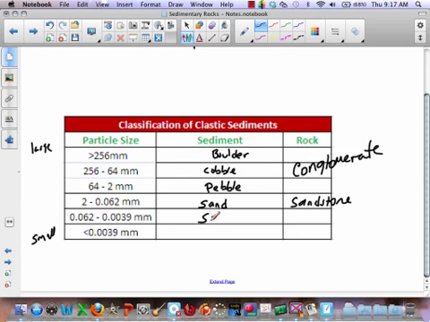Then we have silt. Then we have clay. Silt basically creates siltstone. Clay starts to make shale.